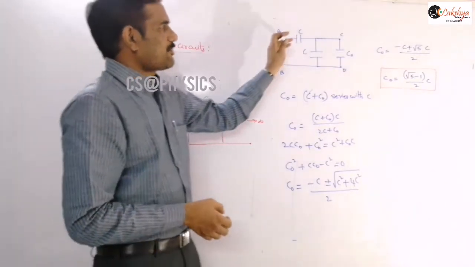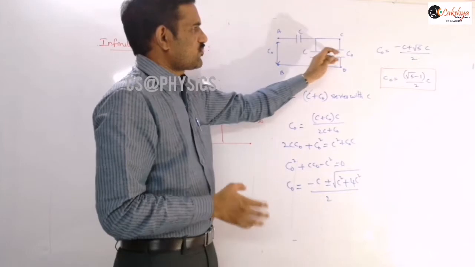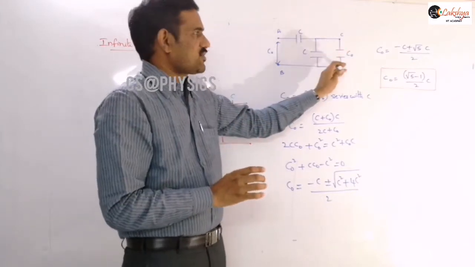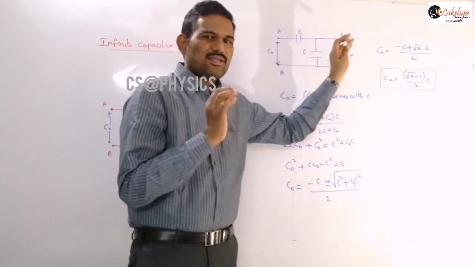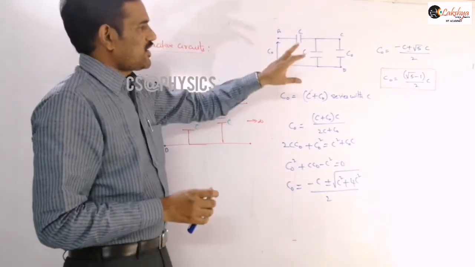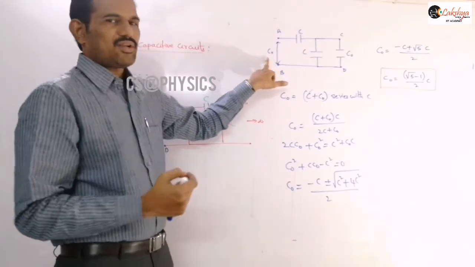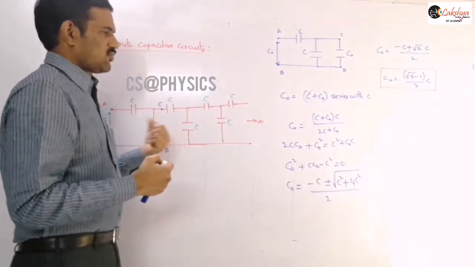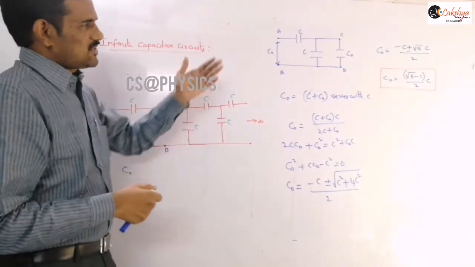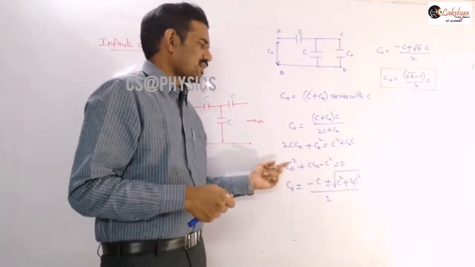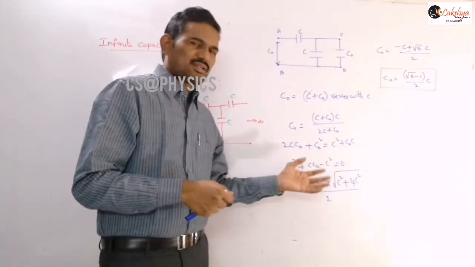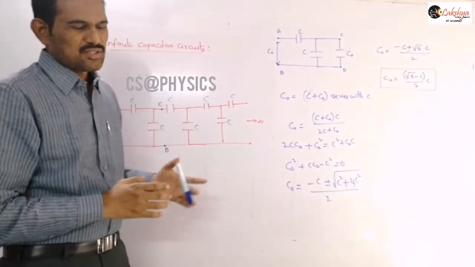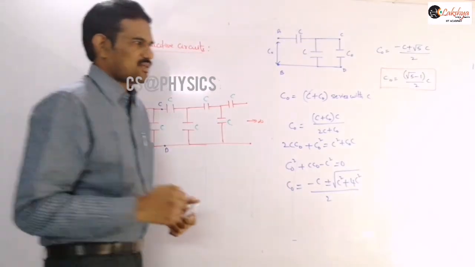So I am adding this unit cell to that infinite circuit, replacing the infinite circuit by a single capacitor C naught. Now we are finding the effective capacitance, which should still be C naught only, as we discussed in the beginning. Then we simplify this circuit, you will get a quadratic equation like this, and we need to find the factors for that equation. So that is the way of solving these infinite circuits.